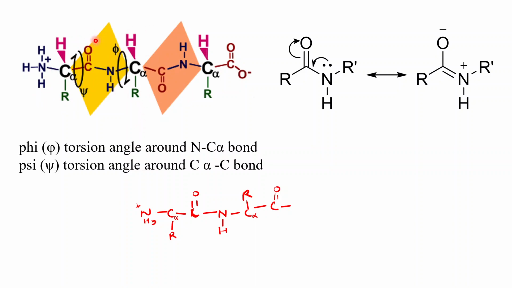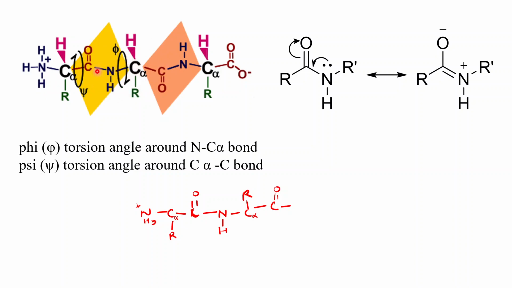Now there are 2-3 things that you should know. If here is a backbone structure, all the bonds should be free to rotate, but it's not like that. The peptide bond is basically the bond between the carboxylic group of one amino acid and the amino group of the next amino acid.